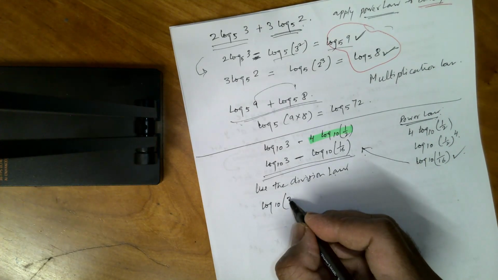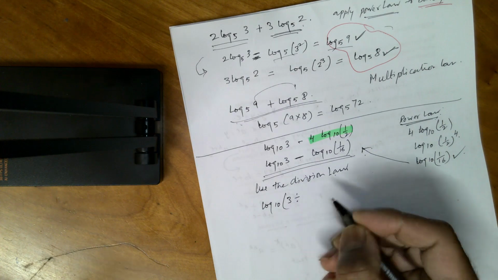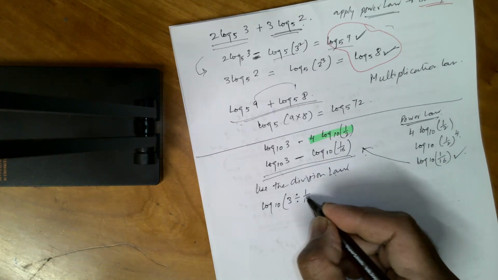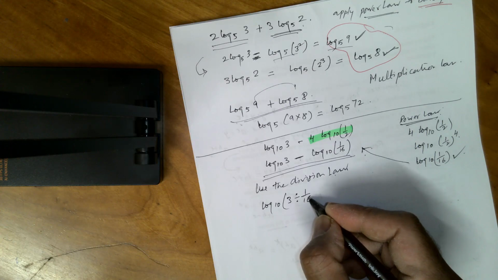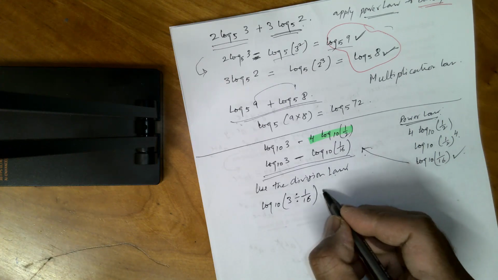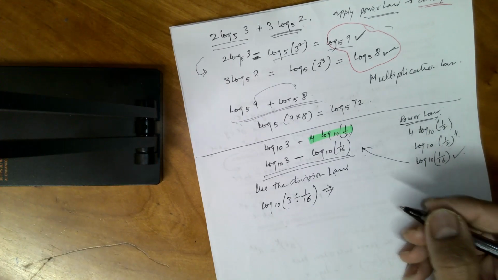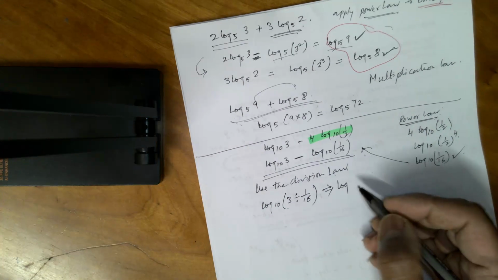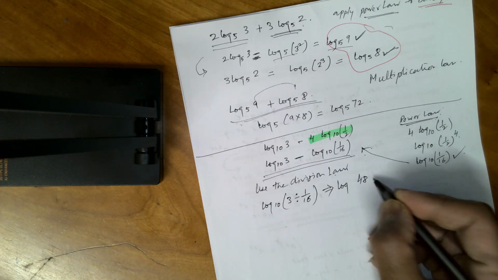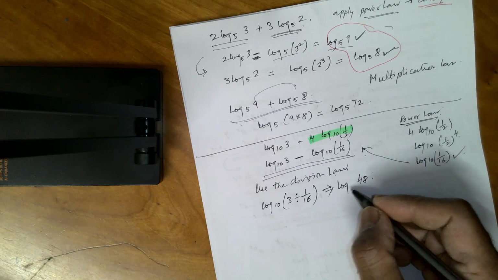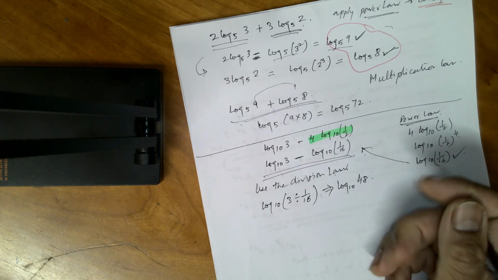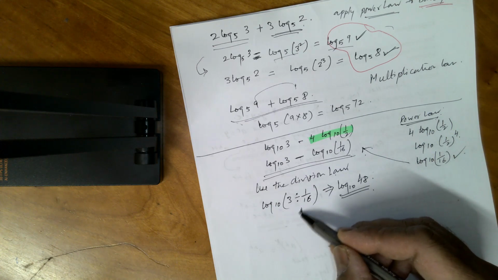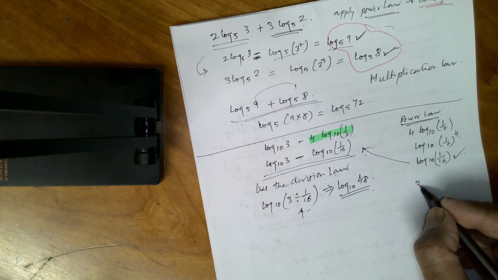You have 3 here, divided by 1 by 16, and that will give you logarithm of 48 to base 10. That will be your answer. Now with this, you know, this can be written like this.